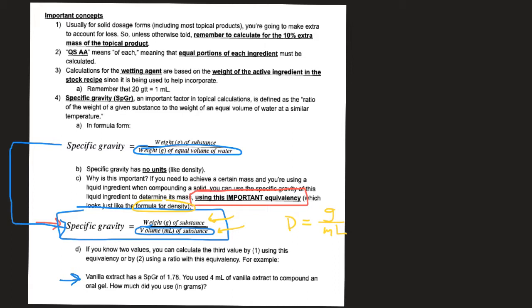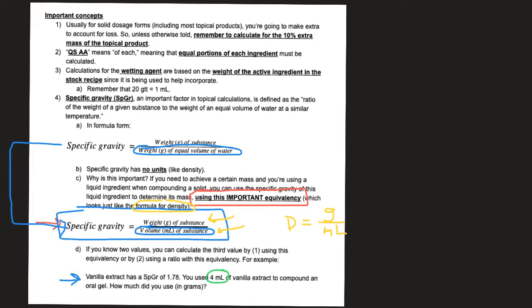So if we're trying to achieve a certain mass, such as 10 grams of a topical product, and we use a liquid component, vanilla extract, we can't use the volume to determine how much we need to get to the specific mass of the topical product. So we need to convert this milliliter to grams to make sure we get to that certain grams of the topical product. So we know the specific gravity formula is the weight of a substance divided by the volume of a substance.